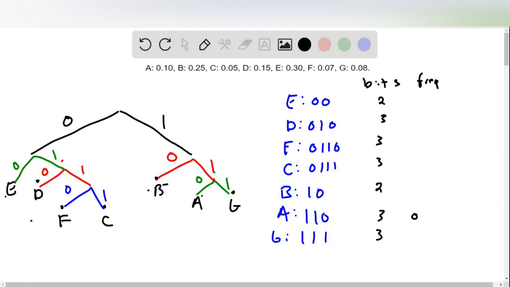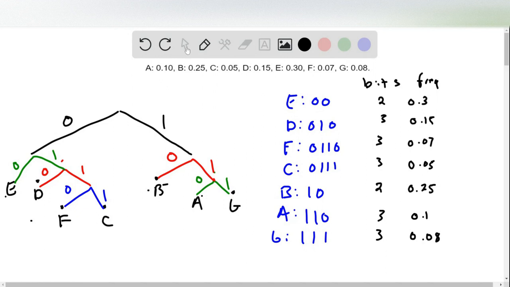So A was 0.1, B is 0.25, C is 0.05, D is 0.15, E is 0.3, F is 0.07, and then G is 0.08.